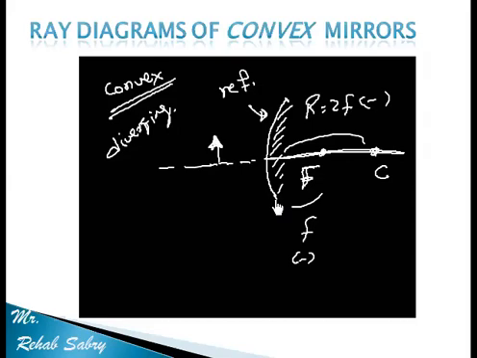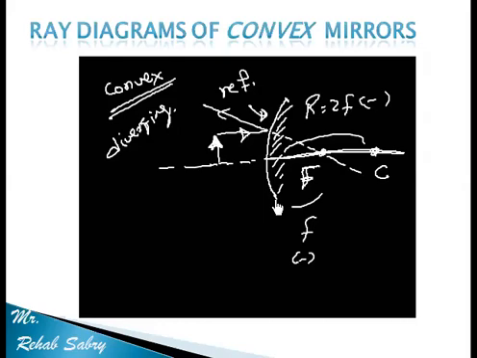I'll make two rays. The first one is parallel to the principal axis. So when it's parallel to the principal axis, where will it go? It will reflect such that its extension goes to the focus, because the ray is not able to go to the focus here.